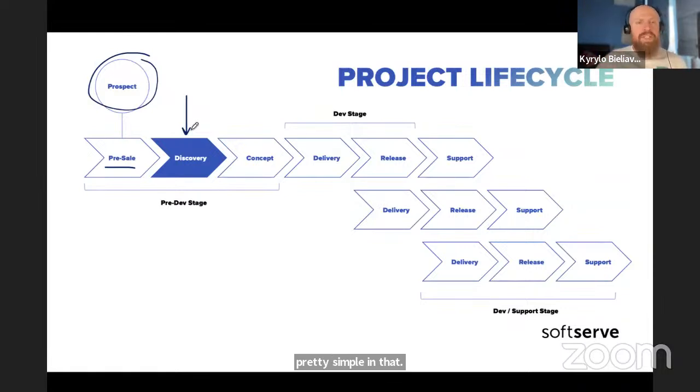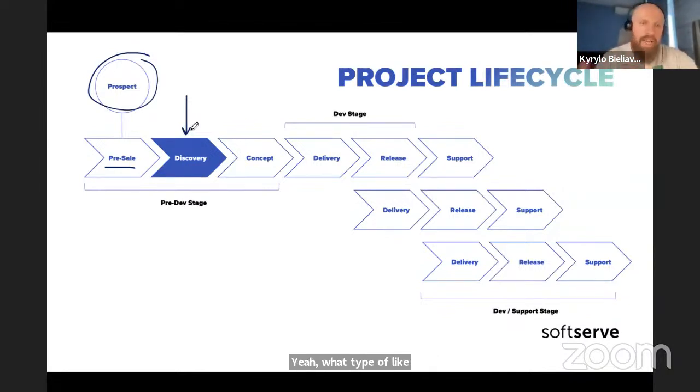So the discovery stage is when we try to understand what will be the best solution for this problem, what the size of this project is, what risks there can be, what type of solution there can be, what type of team we will need, what type of development project we will have.